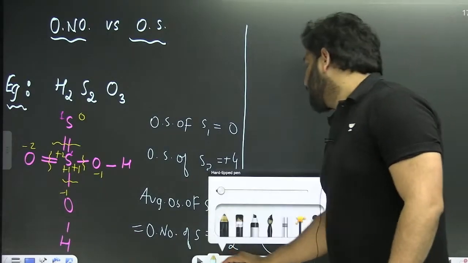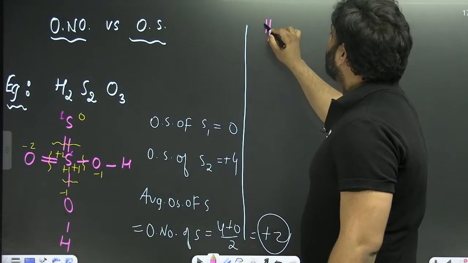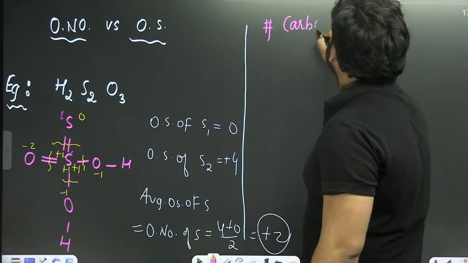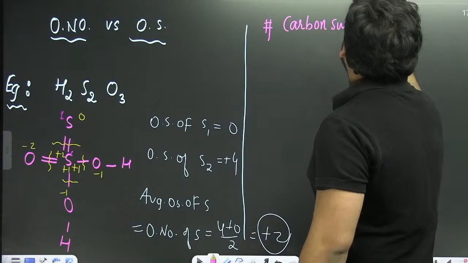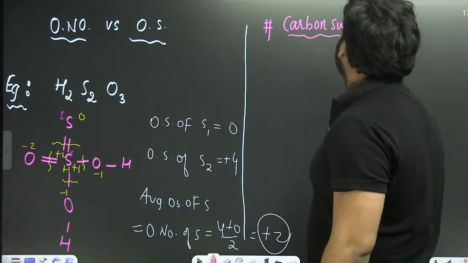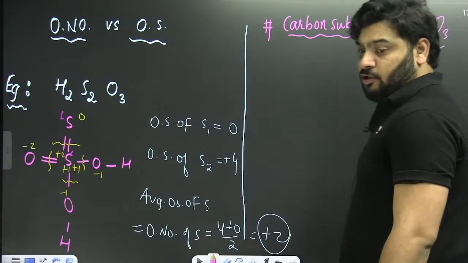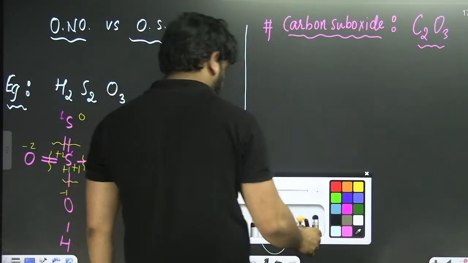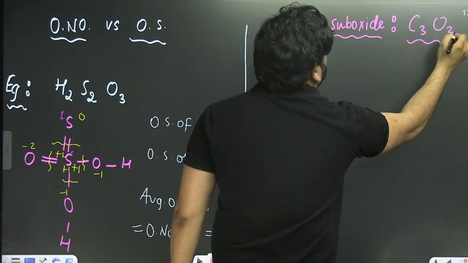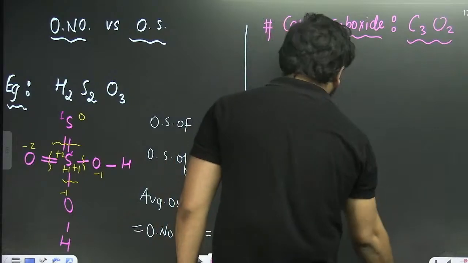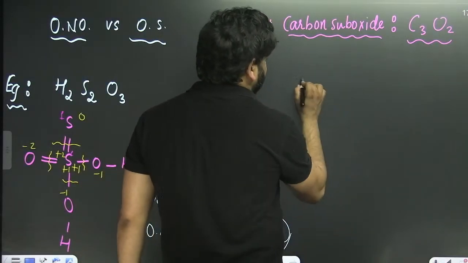In a similar way, we also have an example like carbon suboxide. The formula is C3O2. Let me check that C3O2 is correct. So C3O2 has a structure like this.